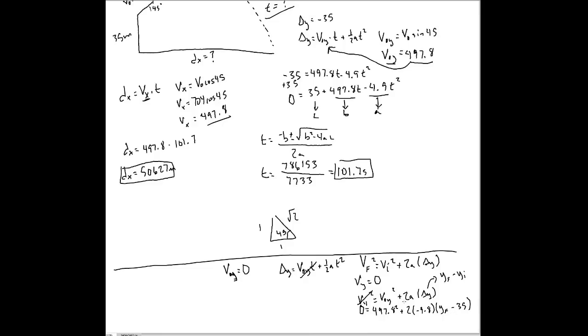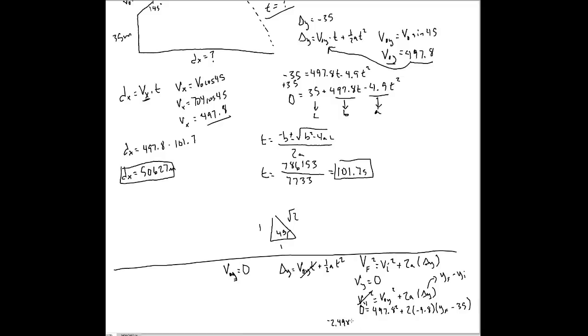So let's go ahead and square 497.8. And I'm going to go ahead and subtract that to the other side. So we've got, it's a big old number. It is, let's just go with negative 2.49 times 10 to the 5th.